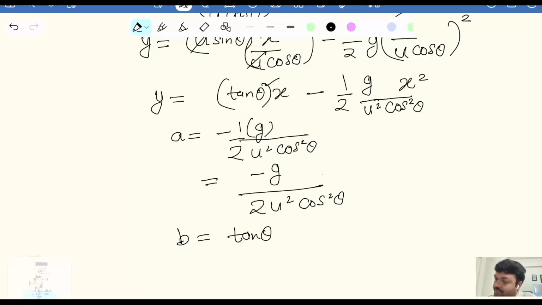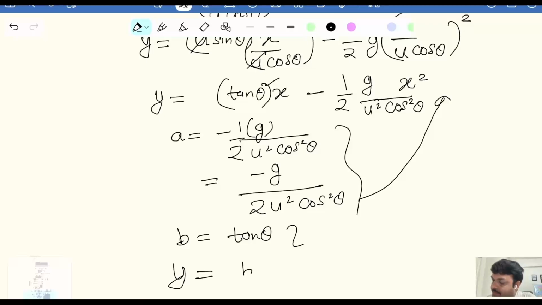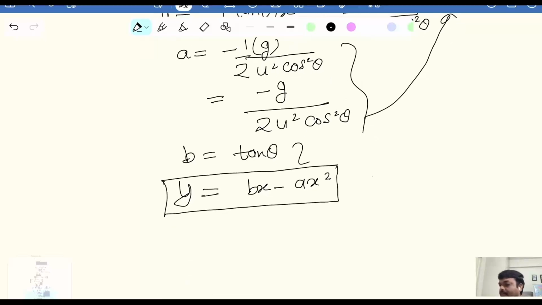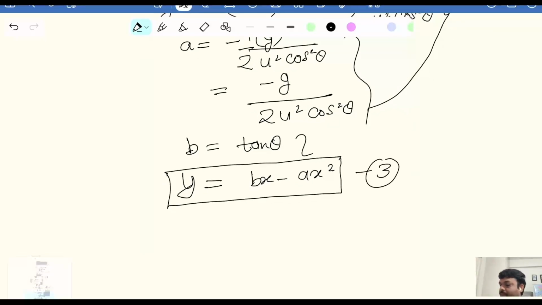So placing both of these in this equation, y can be written as bx minus ax square. So this is the equation. Very important equation. So we are naming it as 3.